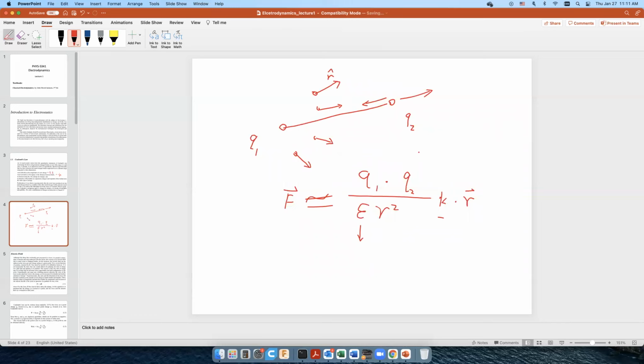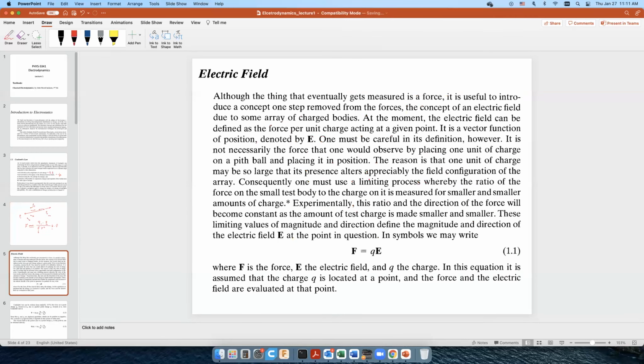When you move it far away from Q1, the magnitude becomes smaller. When it's getting closer, the force is getting bigger. And from there, we define the electric field, which is F equals charge times electric field, or electric field equals force over charge.